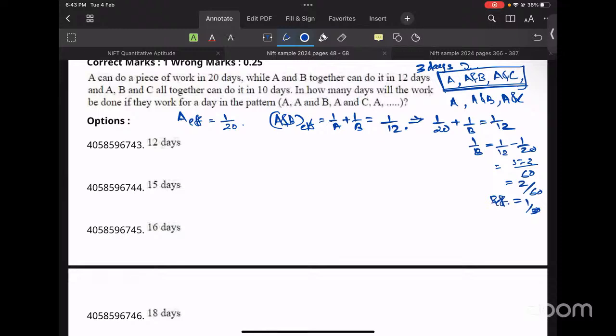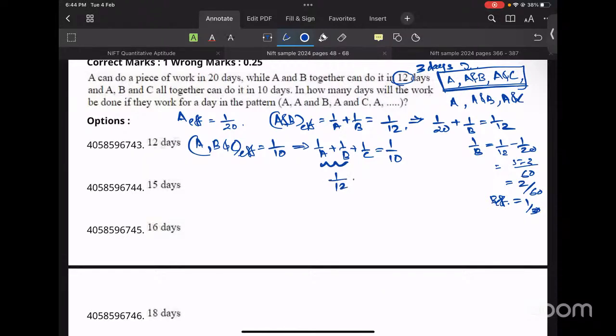Okay, we got that. Now A, B, and C all together can do it in 10 days. So that is the efficiency 1 by 10. So from here 1 by A plus 1 by B plus 1 by C is equal to 1 by 10. We know that 1 by A plus 1 by B is 1 by 12.